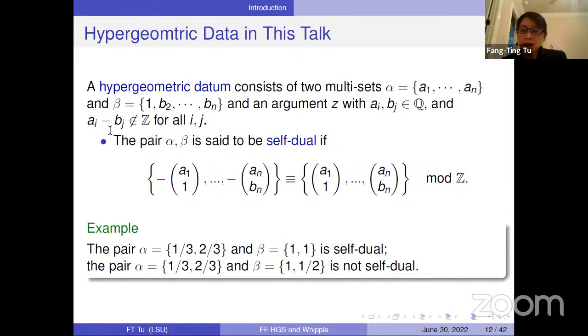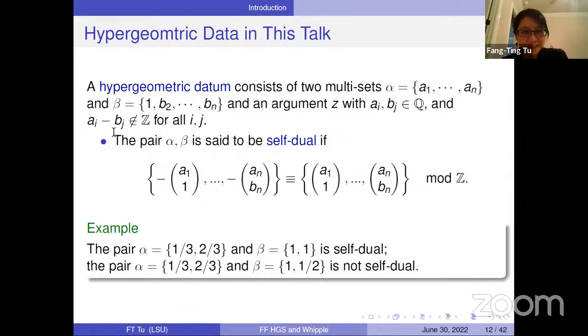Here we will require the a_i, b_j not to be integers, because we saw in my previous example related to non-Calabi-Yau series that the 4F3 can be expressed in terms of 3F2 and its derivative.